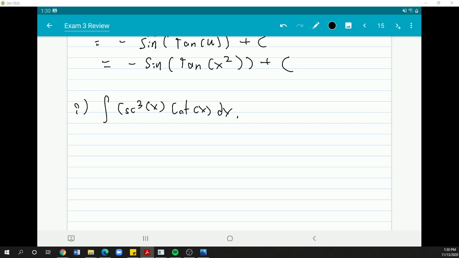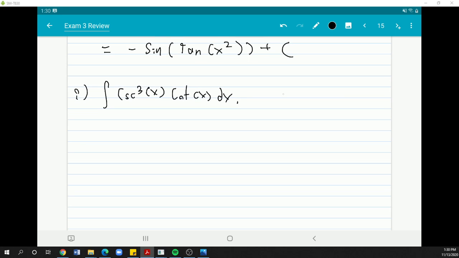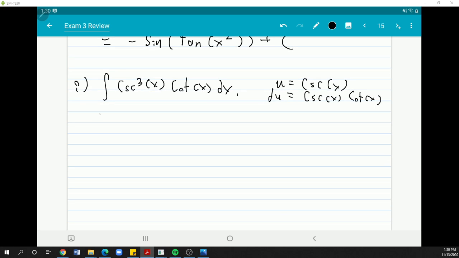For ones like this, you have to see whether you could make cotangent of x the u. That doesn't seem reasonable here because I would need some cosecant squared stuff. But let's try making u equal to cosecant. Well then, du is minus cosecant x cotangent x. And can I get that from here? The answer is yes.